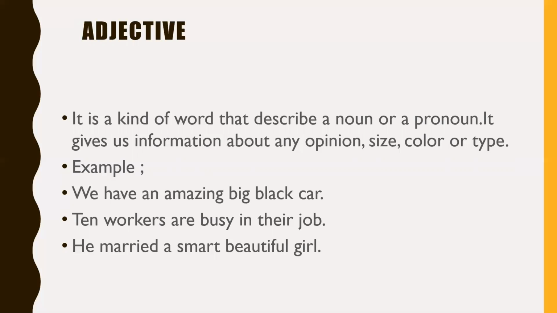Amazing, big, black car. 10 workers are busy in their job. Now here the number of workers is given, so it is an adjective. He married a smart, beautiful girl. Smart, beautiful girl. These are the adjectives of the girl whom he had married.